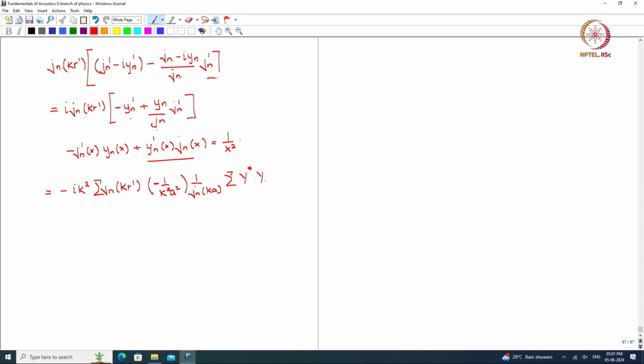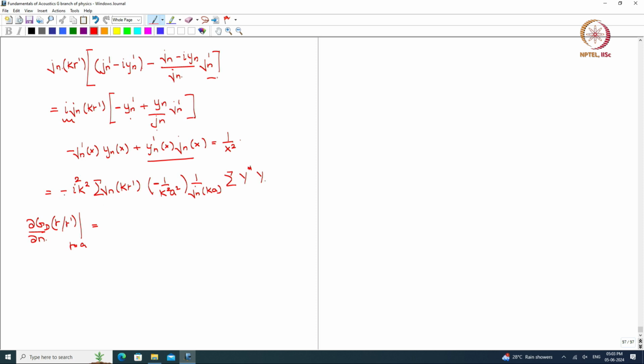Okay, so let us see ∂Gd by ∂n at r' evaluated at r equal to a. It looks like there is an i over here which I missed, so this becomes i squared.